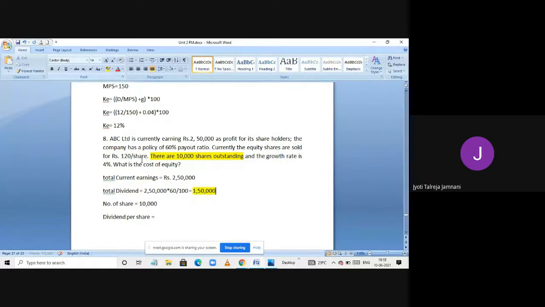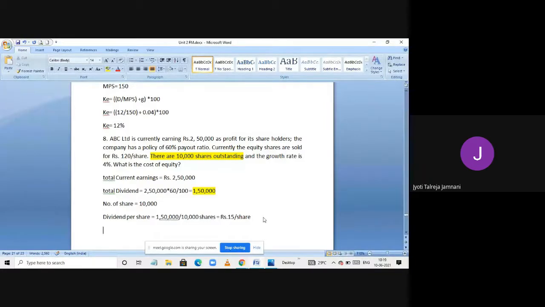We know that for all the 10,000 shares, total is 1,50,000. If I want to know per share, I can do 1,50,000 divided by 10,000 shares. How much you get? 15 rupees per share.